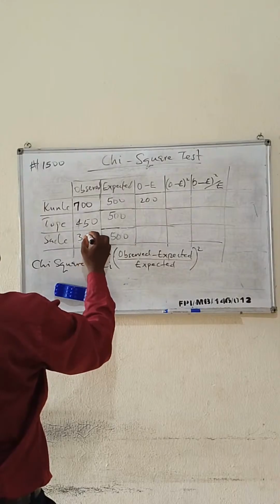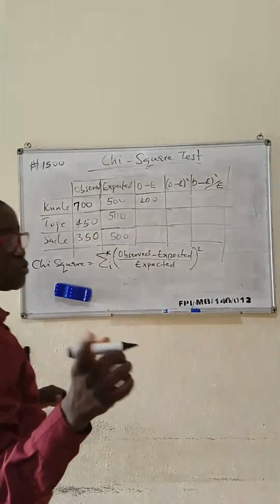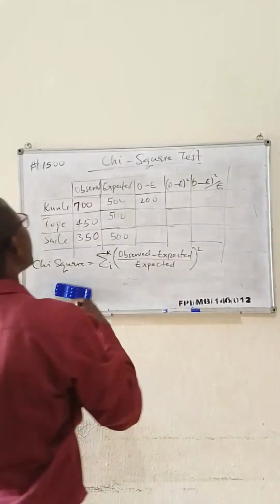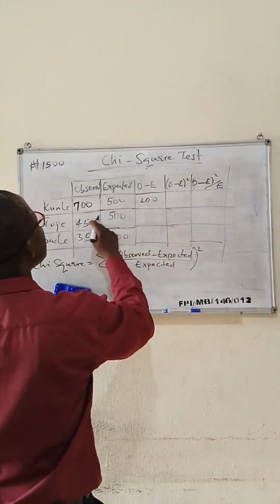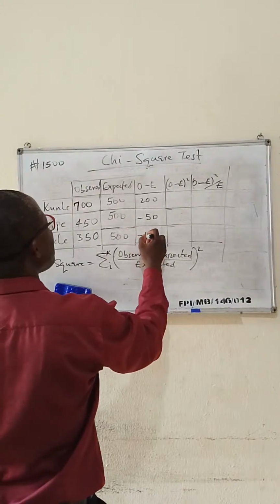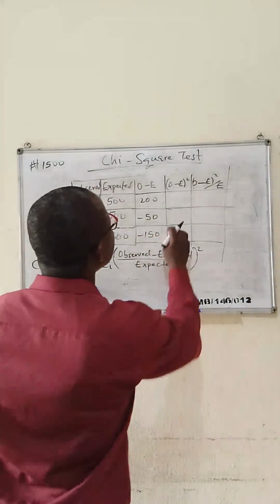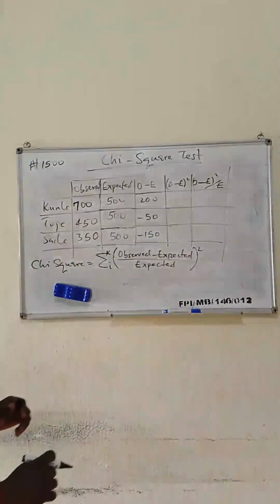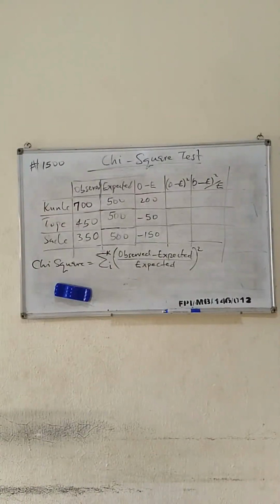I don't want a 0 value in order for you to understand the calculation well. So 450 minus 500 is minus 50. 350 minus 500 is minus 150. That is it. Then we begin to square them.